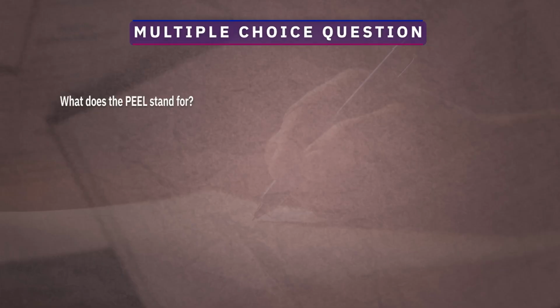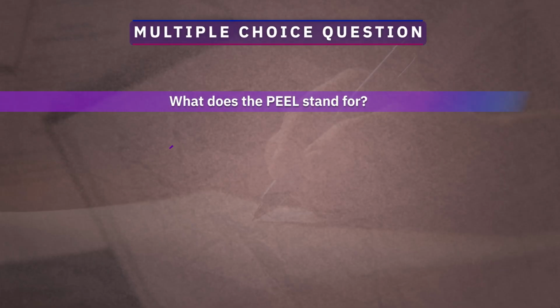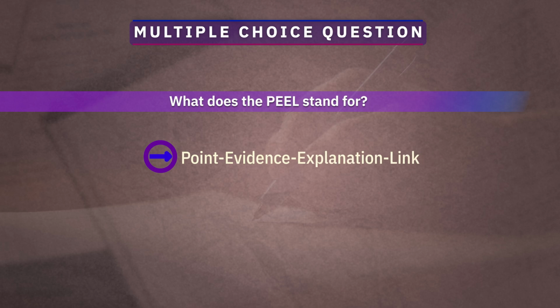Let us conclude now with a quiz question: what does PEEL stand for? We mentioned this particular term through the lecture, P-E-E-L. So what does PEEL stand for? There are 4 options again.